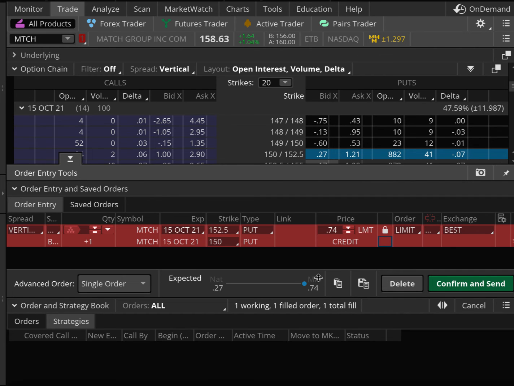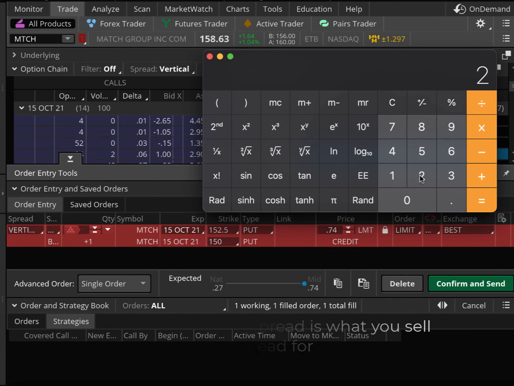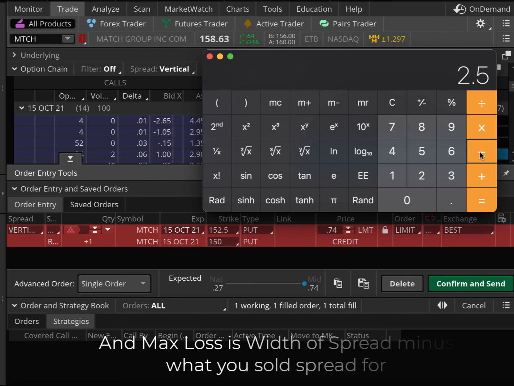But the max you could lose is the width of the spread minus what you sold it for. So you're going to take the maximum loss, which is 2.5, minus what you sold it for, 2.5 minus 0.74.